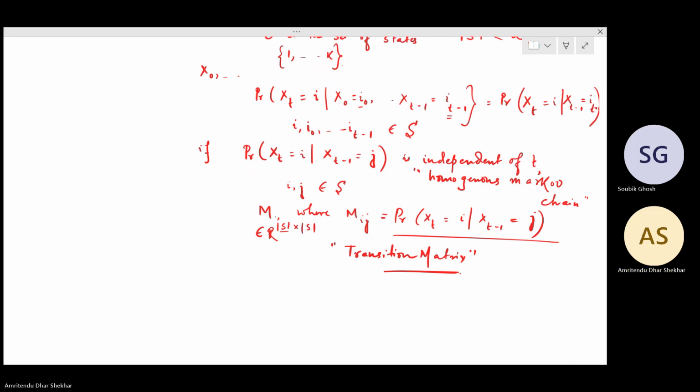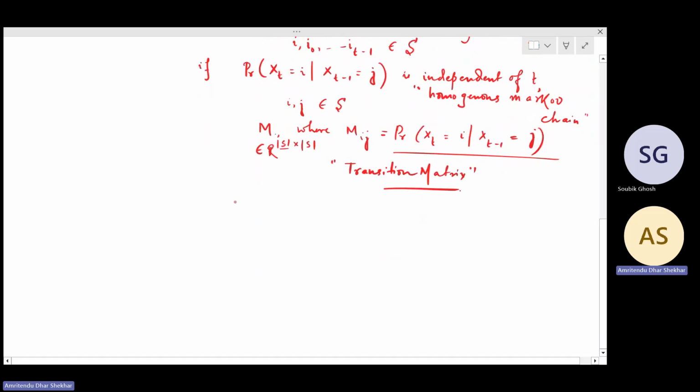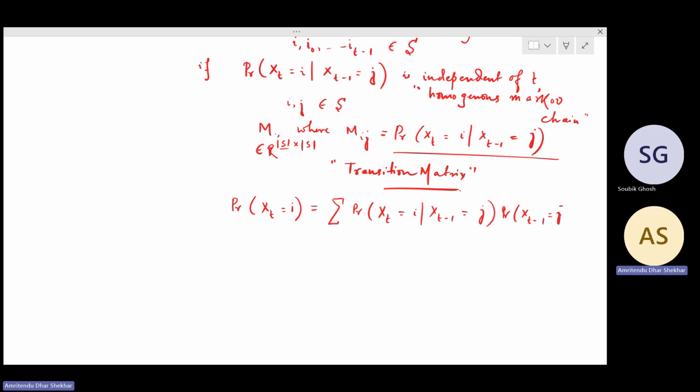Related to this, one quick thing we can see is as follows. If we want to compute the probability of xt being i, that's equal to the sum over j belonging to S of the probability of xt equals i given xt minus 1 equals j, times the probability xt minus 1 equals j.